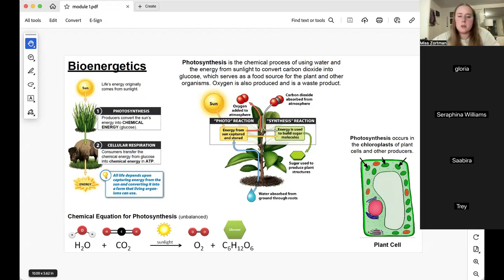And also, plants don't breathe oxygen. Okay. They create oxygen for us. So they instead are breathing in what we breathe out, which is carbon dioxide. So water and carbon dioxide are going into it, as well as sunlight, okay, which is necessary. And that's going to create oxygen, as I just said, that we then breathe, and glucose, that food that the plants can then use or other animals can use from eating the plants.